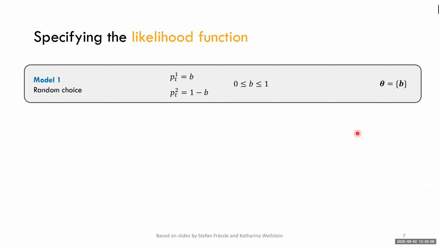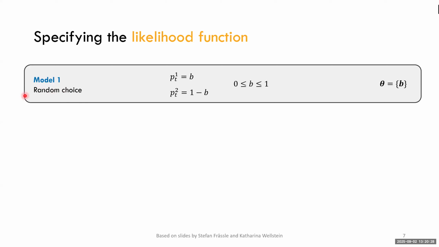So now that we have an idea of the experimental setup for this example, we are going to go ahead and specify our likelihood function. And this is also something that you've already seen from Alex's talk. That's why it's called Model 1 here. Alex went through a few models. What we're going to do is revisit this example and look at it from the perspective of parameter optimization.